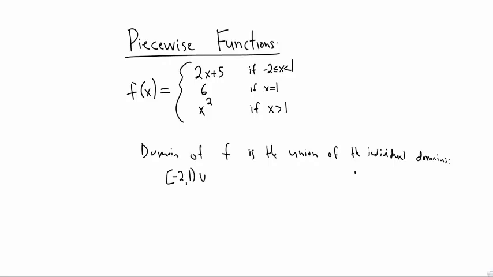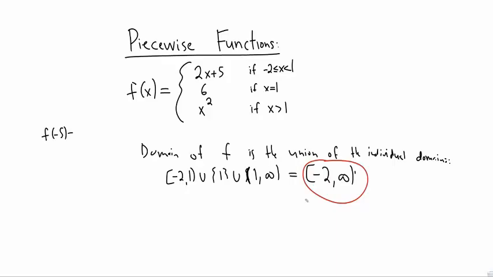So here, this would be the union of these three domains, which is simply all real numbers greater than or equal to minus 2. So there's the domain of the piecewise function.